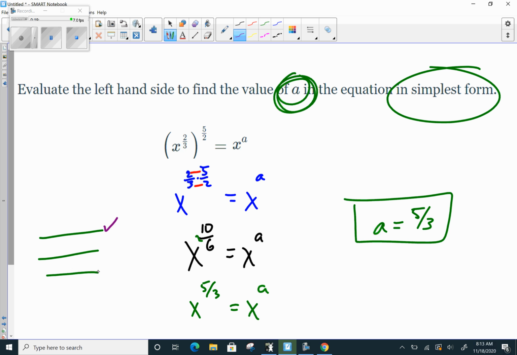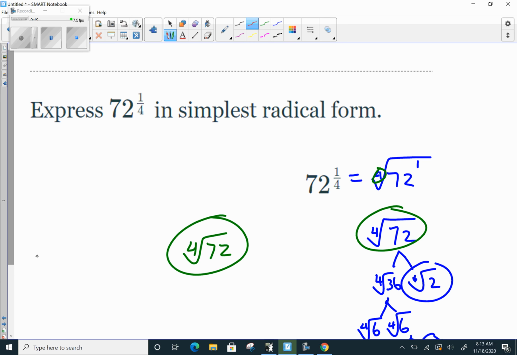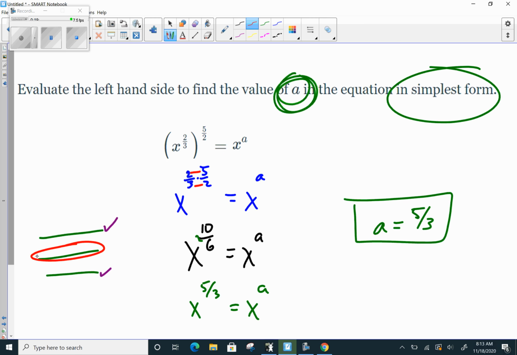The first one and the third one you must do. We just went over it. That's mostly a review of Algebra 1 with a little bit of Algebra 2. For the second topic, which is the one that we're doing, that looks like problems like these, express this in simplest radical form, and so on. Those are the ones that I'm just going to ask you to watch the video.